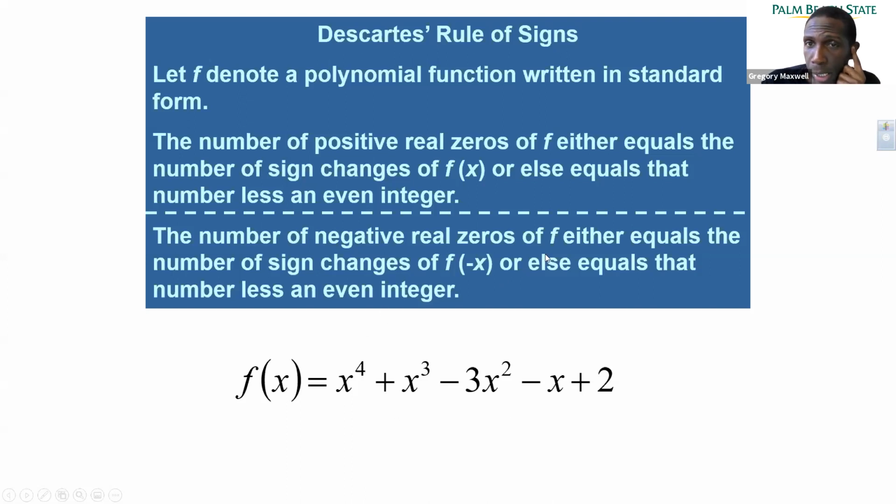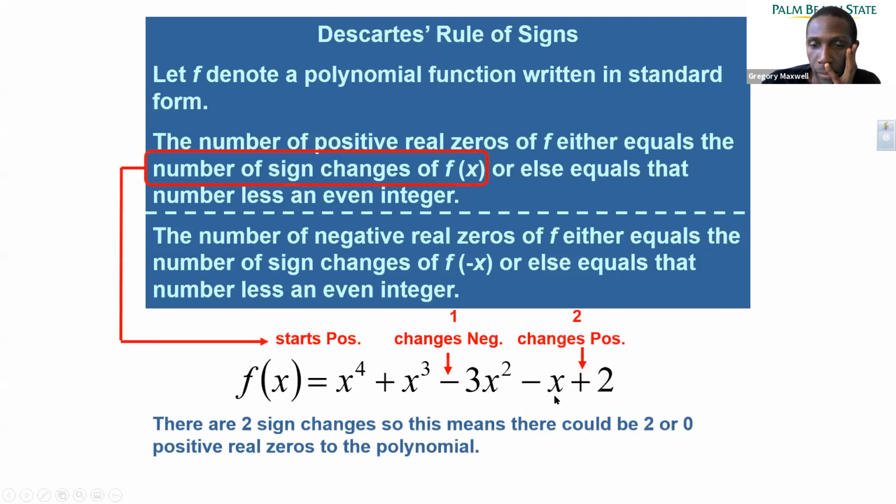Then the second part says if you replace all your x's with negative x, and then you do all the sign changes again, that will tell you how many negative roots you have in the same way. So let's start off with the positive roots. We have 2 sign changes here. Since we have 2 sign changes, that means we'll either have 2 positive roots or 0 positive roots. And these must be real numbers.